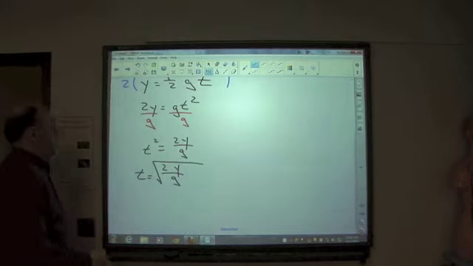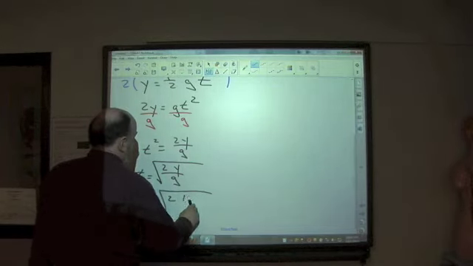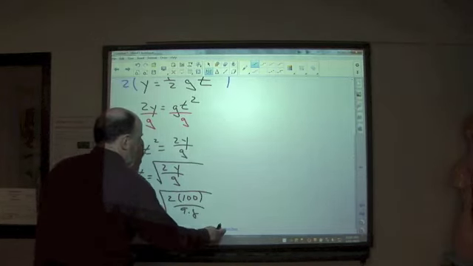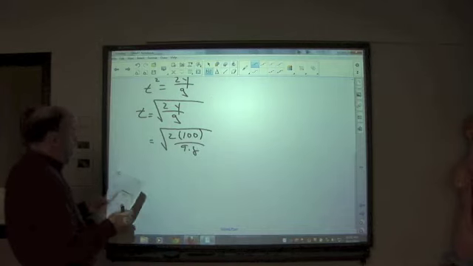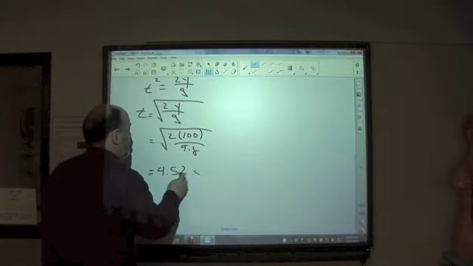And then we can take our numbers, and so t will be the square root of 2 times 100 divided by 9.8. And that'll give us 4.52 seconds.